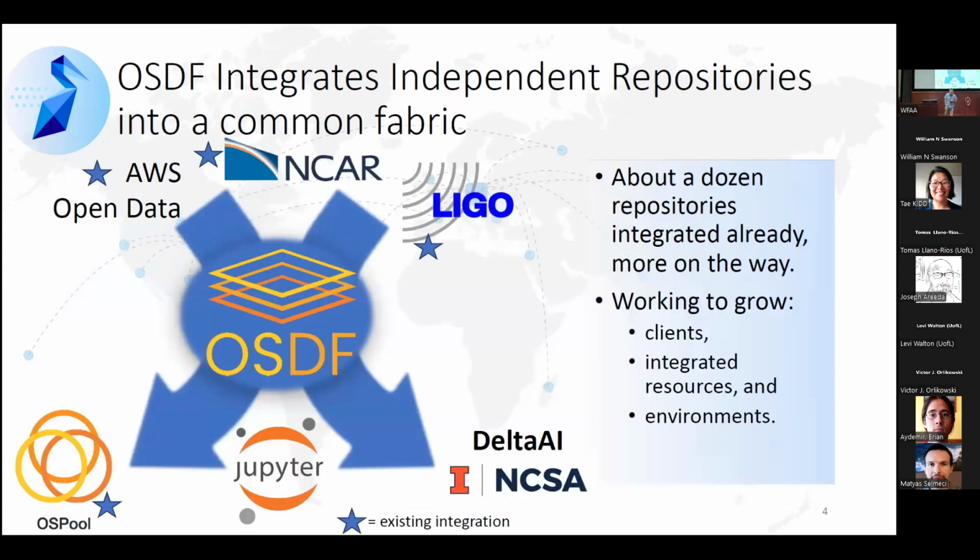So when I mentally think of what the OSDF does, again, for me, it's all about connecting. I think of all these different data repositories out there that have something that means something to scientists, whether it's LIGO data, whether it's climate-related data sets at NCAR, whether it's the subset of science that AWS has decided to host.